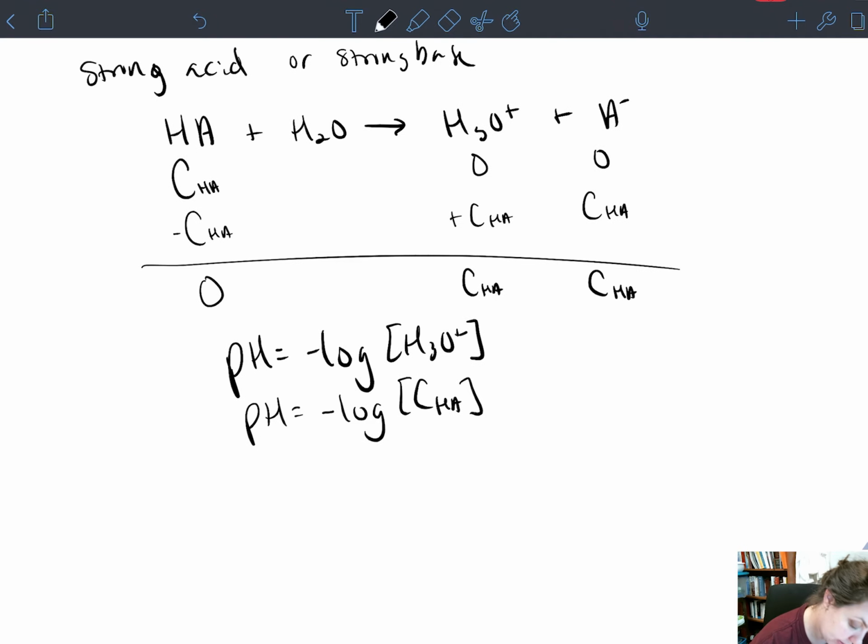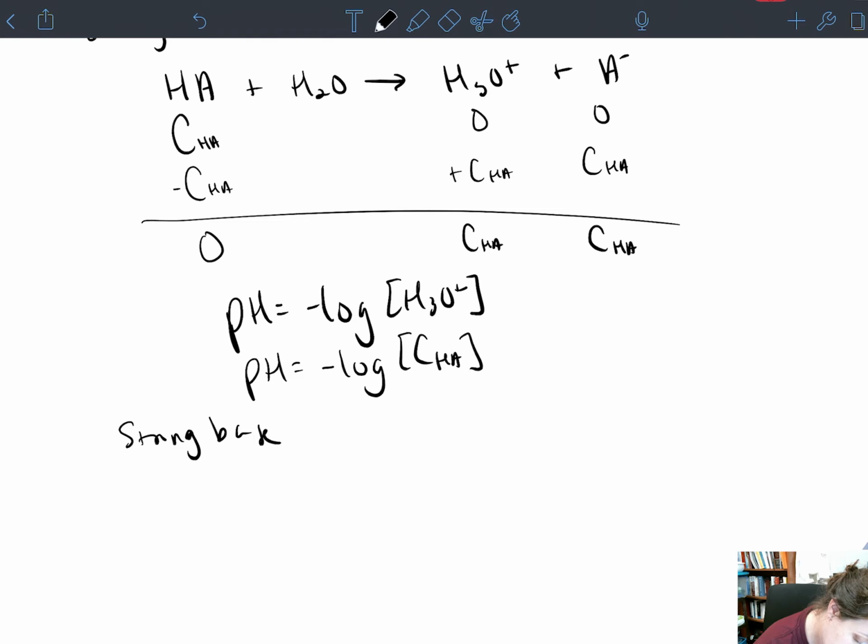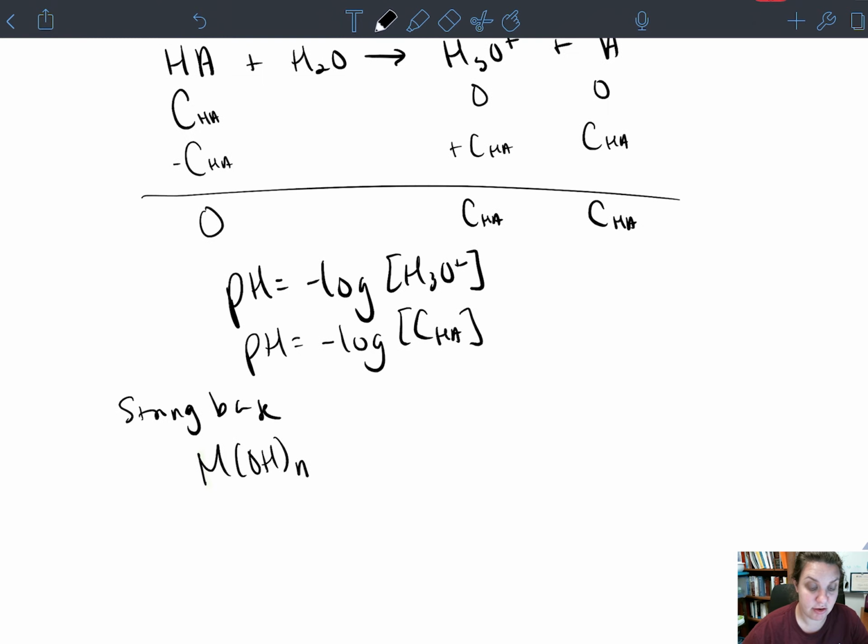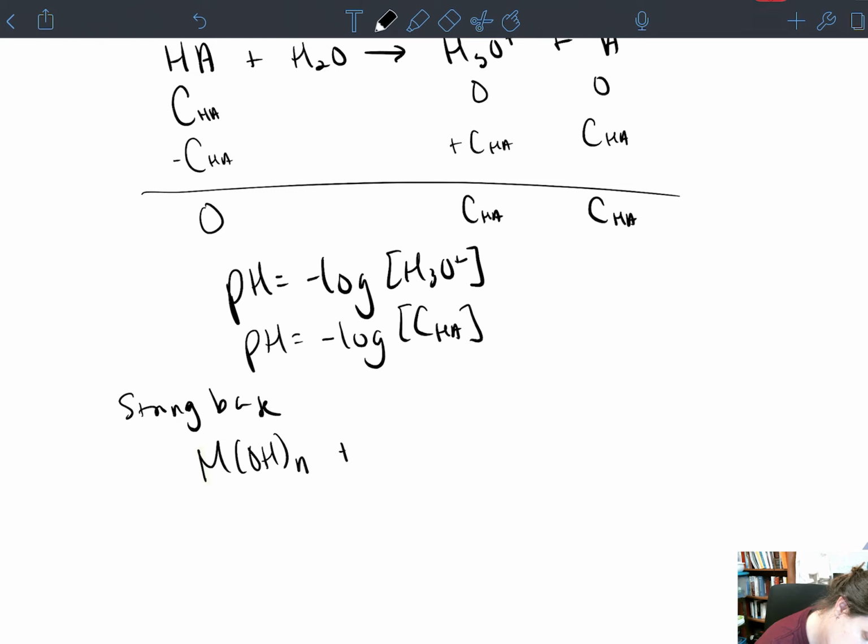For a base, we have some sort of metal. It'll be an alkali metal or alkaline earth metal, and it will not actually react with water, it'll just completely dissociate.